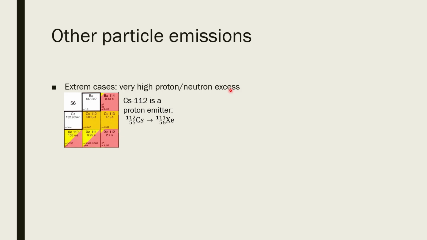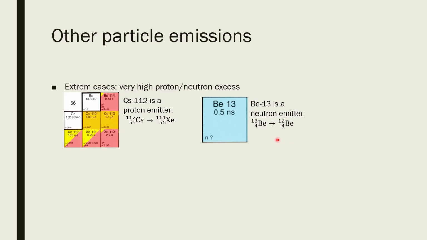So a proton is emitted directly from the nucleus, changing the element to xenon-111. On the other hand, we have in very neutron-rich nuclei, such as beryllium-13, the neutron emission, where beryllium-13 decays into beryllium-12. Well, the element doesn't change because a neutron is emitted and no proton number is being changed.